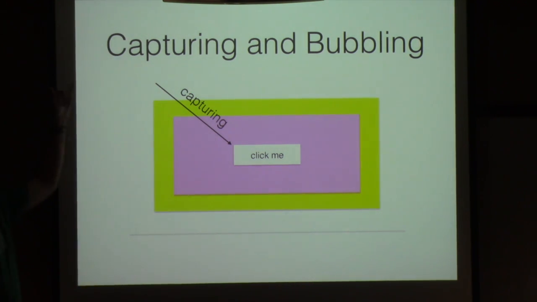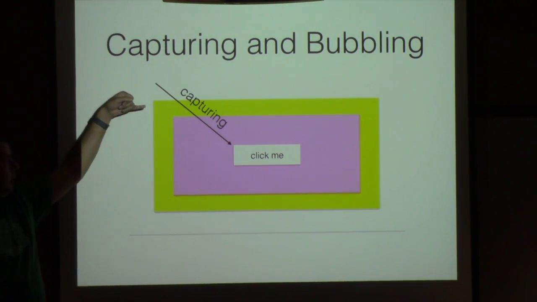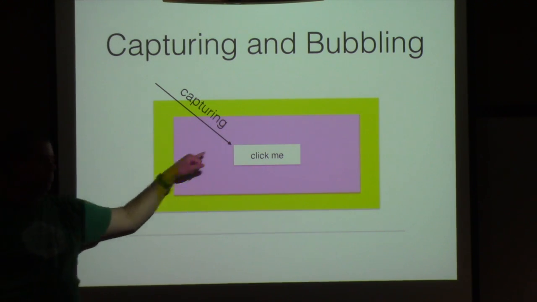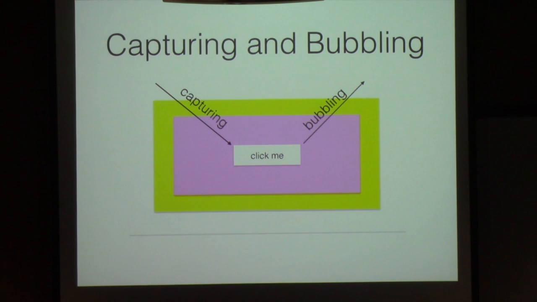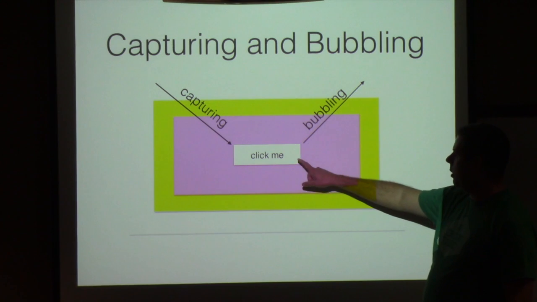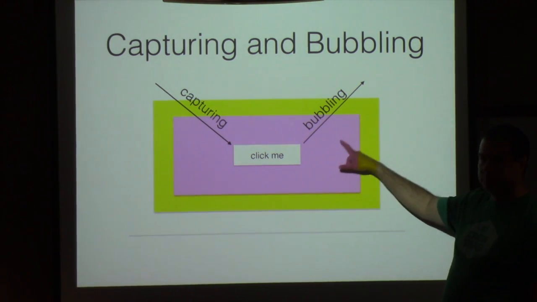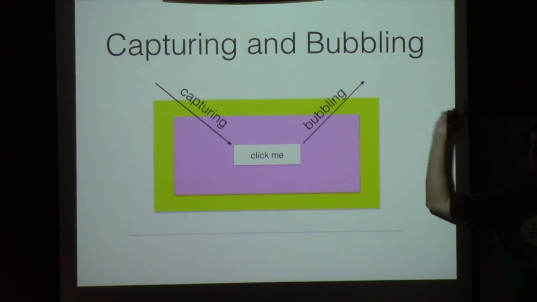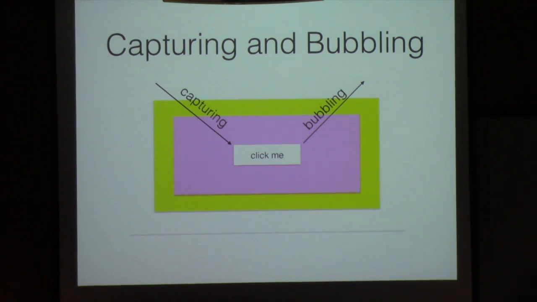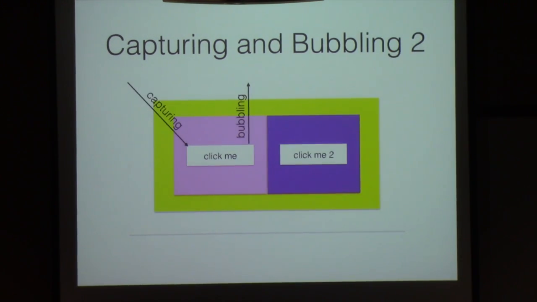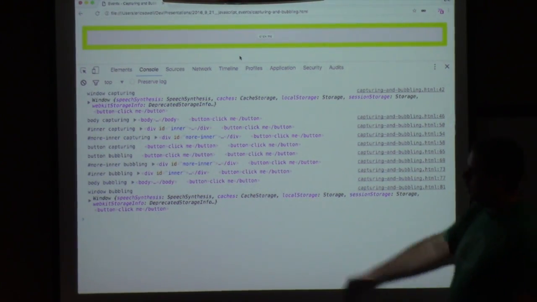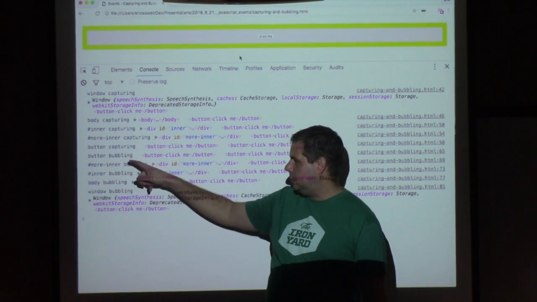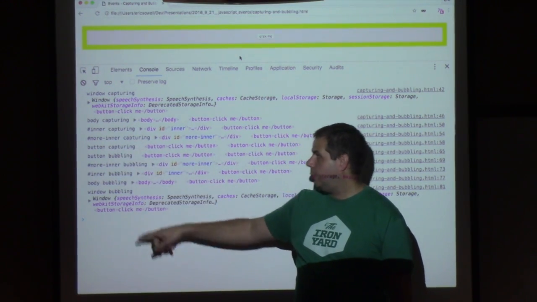So it fires on window, body, inner, more inner, button. That's the capturing phase. For bubbling, we go the opposite way. You get to the button, now you turn back around and you go more inner, inner, body, window. Let's go back and look at our example. Here we go: window, body, inner, more inner, button, button, more inner, inner, body, window.